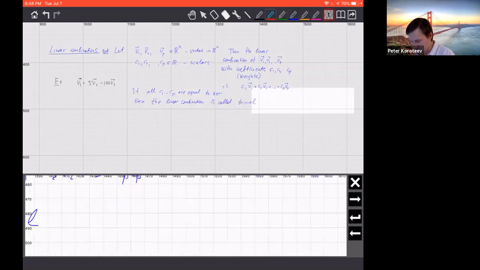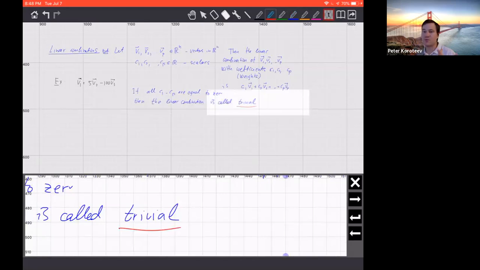Right, so it's equal to the 0 vector, you just multiply every vector by 0. That's called a trivial linear combination.